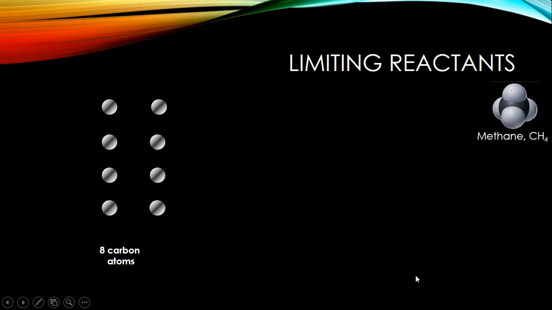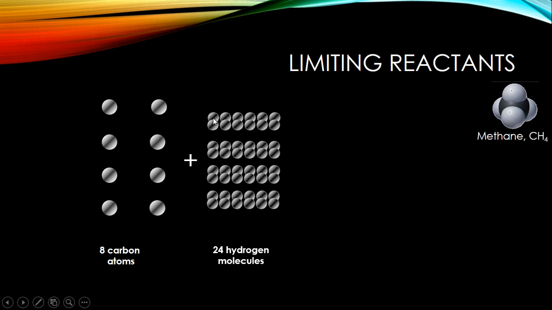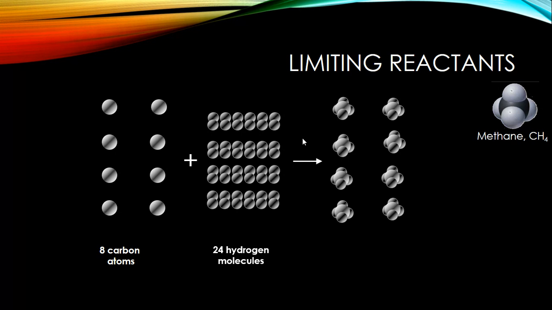Okay, so here's a real chemical example. If I'm looking at 8 carbon atoms plus 24 hydrogen molecules. Remember, each of these is a hydrogen molecule. Hydrogen is H2, so there are 2 H's per molecule. That would yield 8 methane molecules, right?